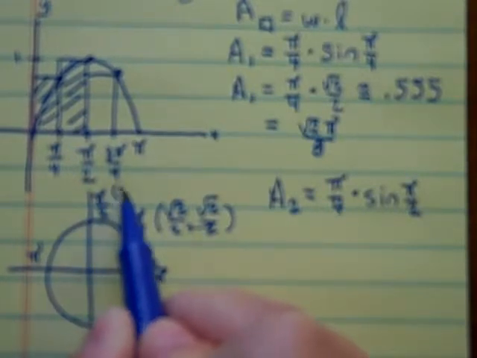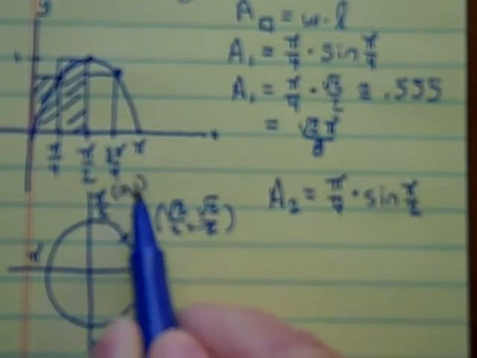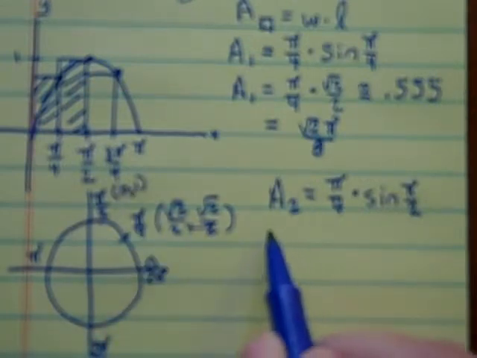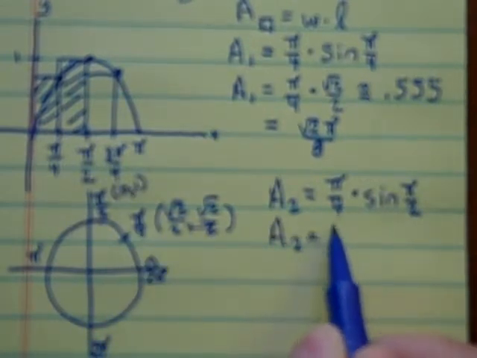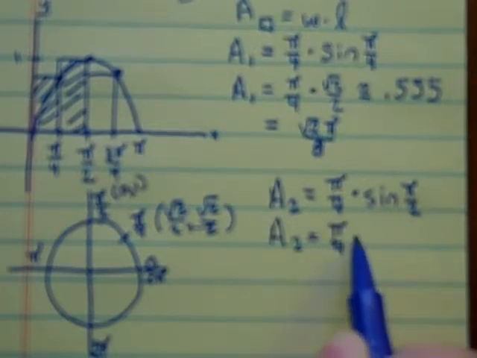The coordinate of pi over 2 is 0, 1. So the sine is 1. Okay, so the area then is pi over 4 times 1, which is pi over 4. If I want an approximate answer, plug into the calculator and round to 3 decimal places, I get 0.785.